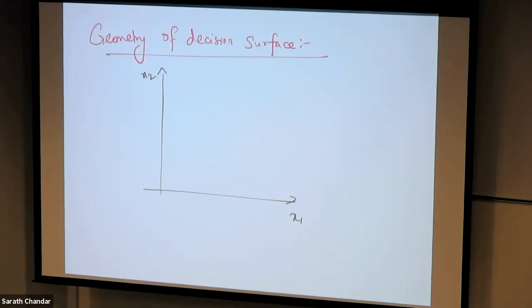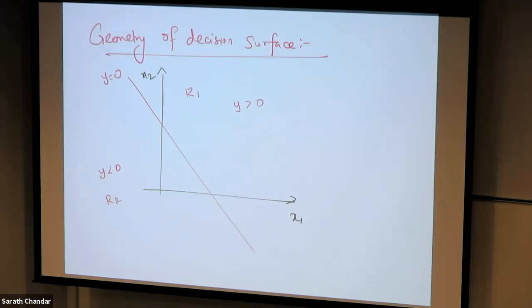It could be any line that you're drawing. Let's say this is my decision surface, just as an example. Here y is equal to 0. This is the region where y is greater than 0, region 1, and this is the region where y is less than 0, let's call it class 2, region 2.